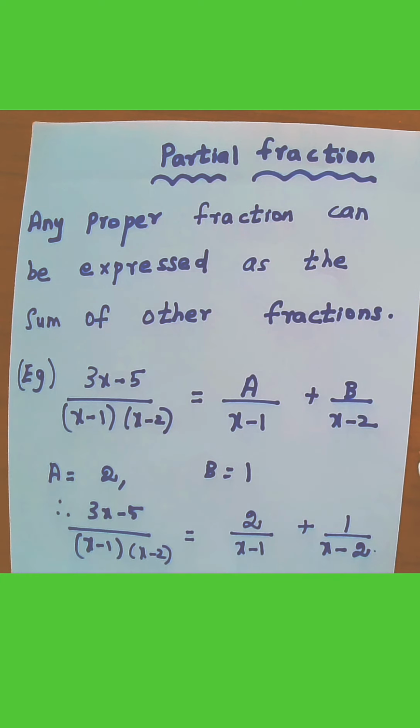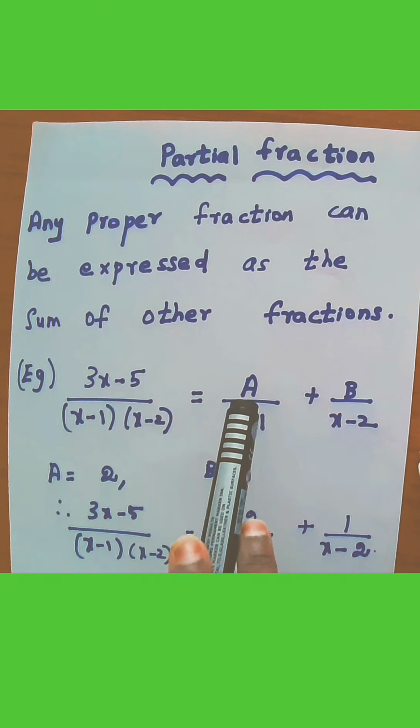Okay students, it's very important even for your class 12, so you should know the basics of partial fractions. I'll explain the steps later in the video. Basically, partial fraction is any proper fraction which can be expressed as a sum of other fractions.